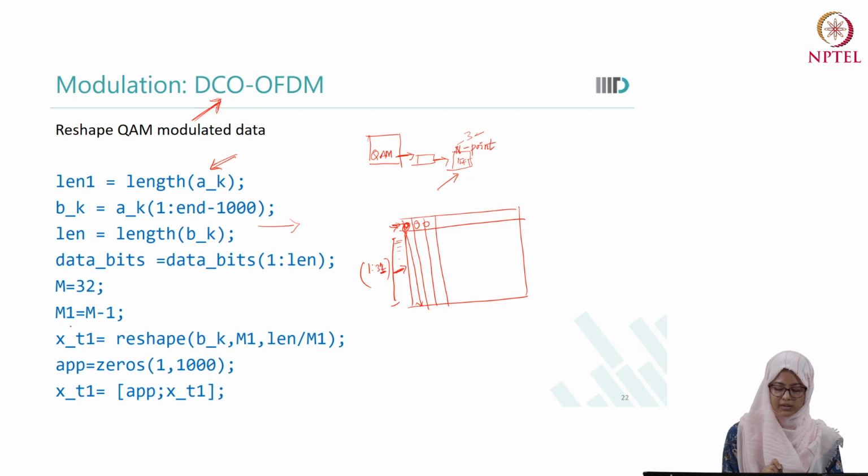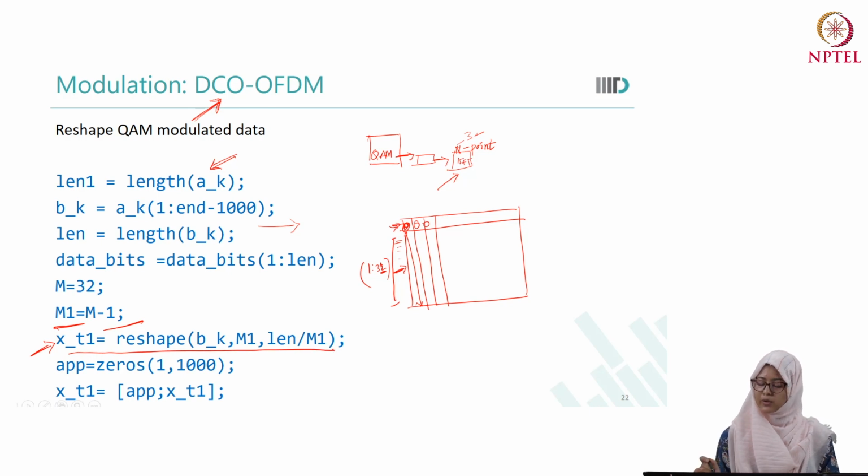So this 0 is there, and then we have a string of 31 data here. That's why you can see here m is equal to m minus 1. With the help of this reshape, and this line of code, we are able to get data in this form. So you have 0 appended, and then the data in terms of 1 to 31, then from 32 onwards till 63, and so on, till you exhaust this length.